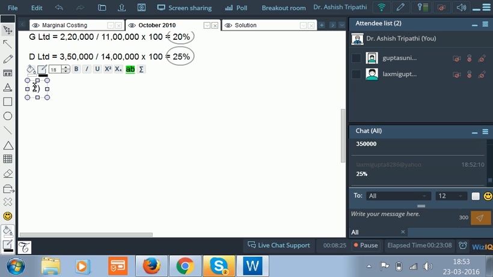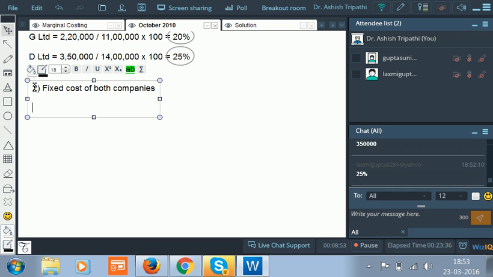Second, they are asking fixed cost of both companies. So let us try to calculate. Now how to calculate fixed cost? Again, it's very simple, because now we have contribution of both companies, we have profit of both companies.